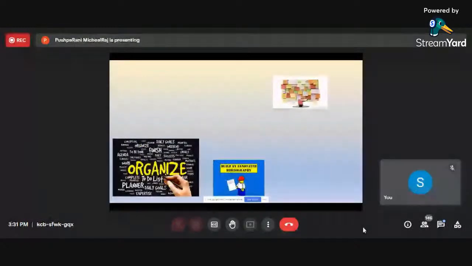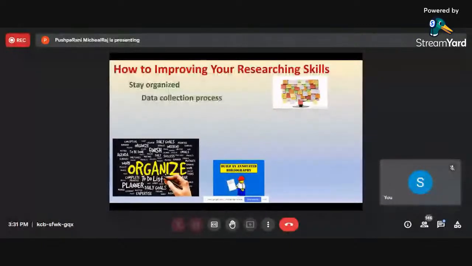And the most important thing is to stay organized, and whatever data is collected, you must process it and take notes.